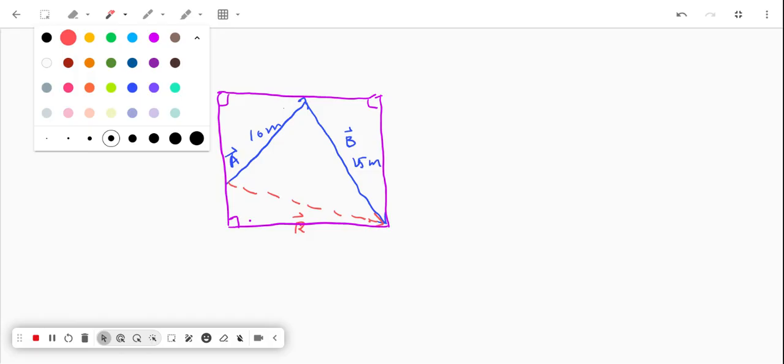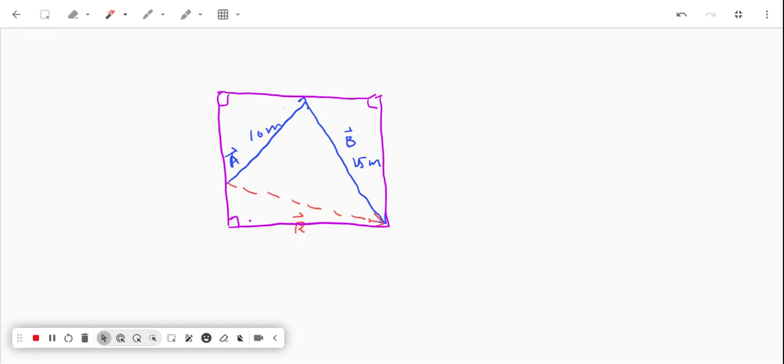So if we can find the Y, and then if we can find the X, so those are our A and B, right? And we can find the C. Can we find the C? So basically, in the R triangle, we have A, X, and Y, which is A and B. We can find C.